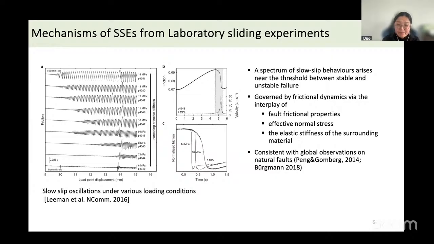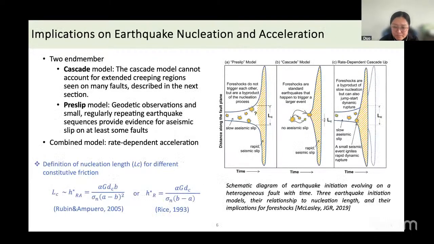So, why are we interested in the physics of slow slip? Because, as we see from the first slide, slow slip sometimes takes place next to the seismogenic zone, so it can have an important influence or implications on the nucleation process of earthquakes.